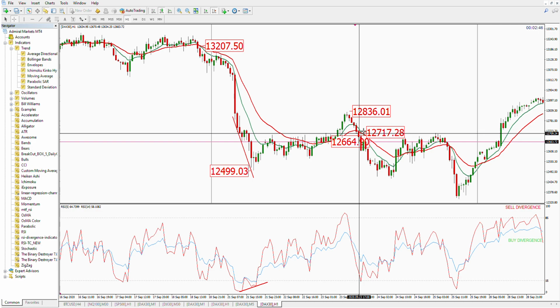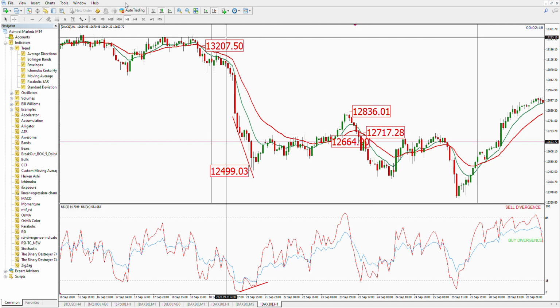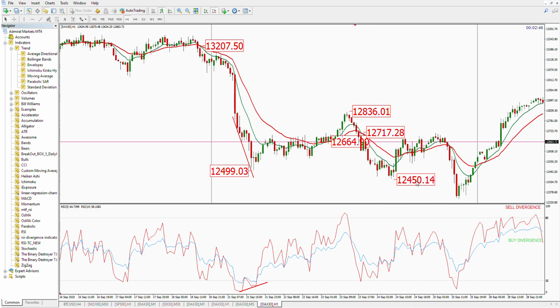So price closes, the moving average comes below after price closes, so 12,717. That trade then comes all the way down to 12,450. So what's that, a couple of 200-odd points. And at this point, it would have taken all these stop losses out if you moved stop loss to break even, stop loss to entry.